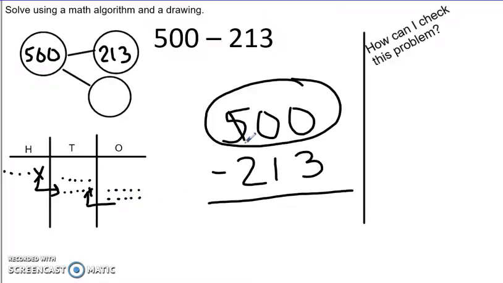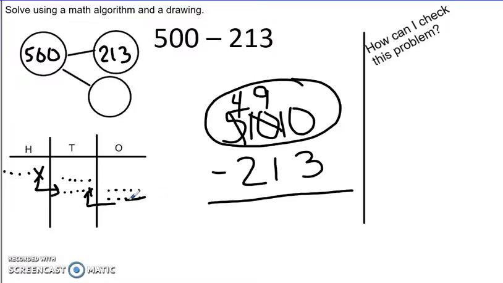So here, we crossed out the 5. It became a 4 because we took 1 away. We gave 10 tens to the 0 to make it a 10. Then we crossed out the 10 to take 1 away to give to the ones, so that became a 9. And then we gave the 10 to the ones, so that 0 became a 10. Now I can subtract.